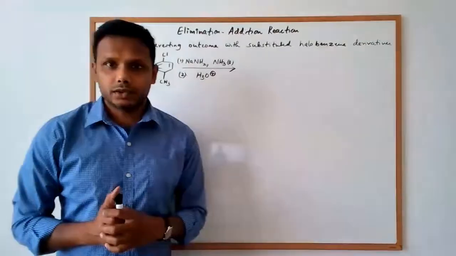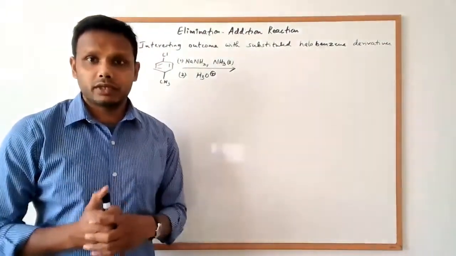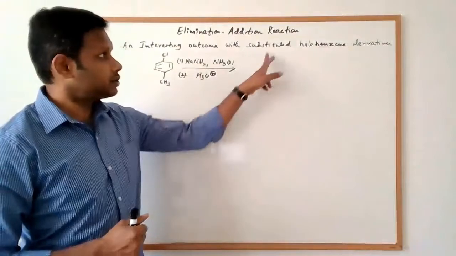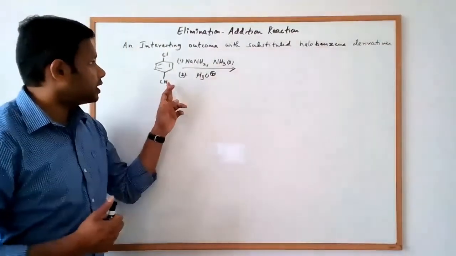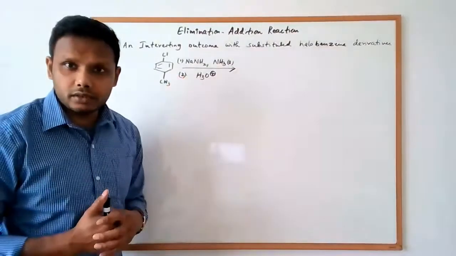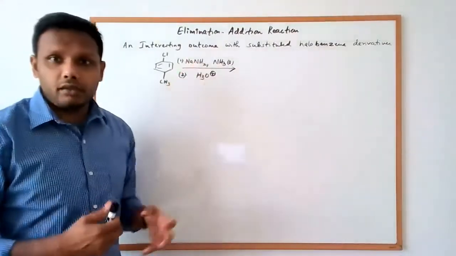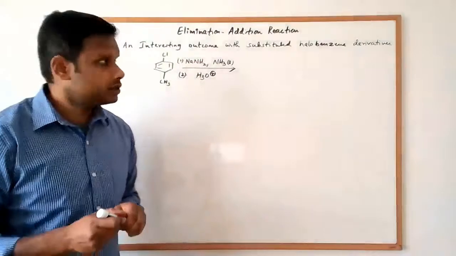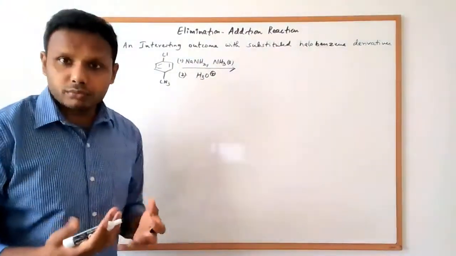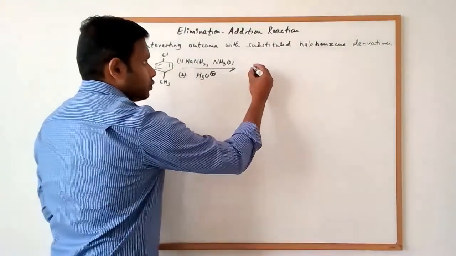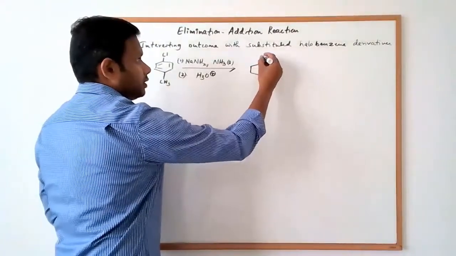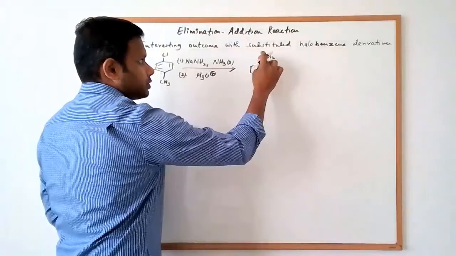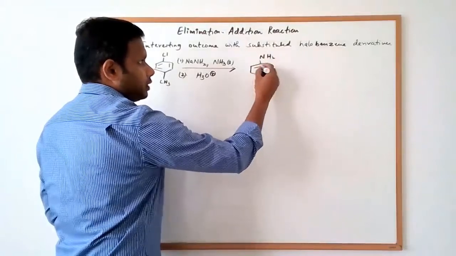An interesting characteristic of this reaction is revealed when we consider the reaction of substituted halobenzene derivatives. For example, if we look at the reaction of para-chlorotoluene with sodium amide under liquid ammonia conditions, we would expect one product, which would be para-aminotoluene, where the NH2 group substitutes for the chlorine.